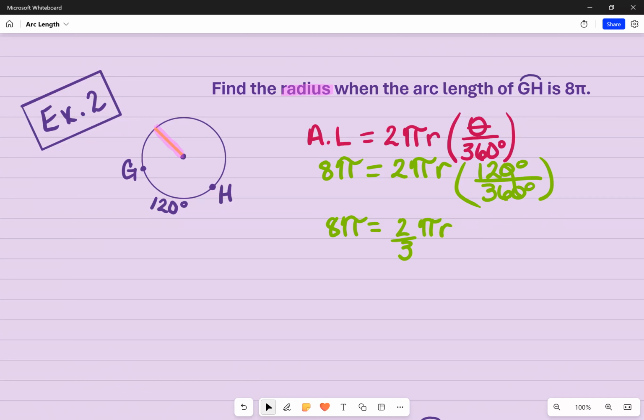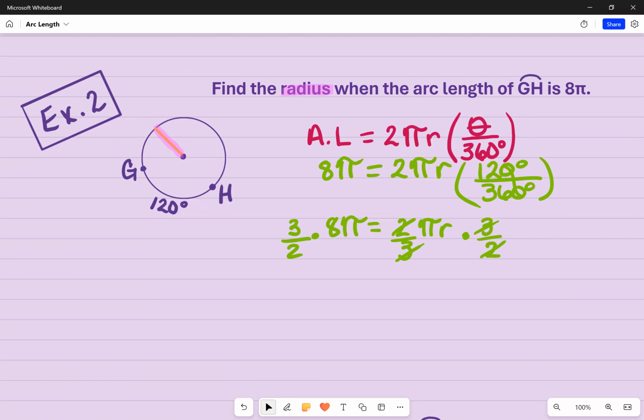So let's go ahead and start getting rid of things. I want to get rid of that fraction first. In order to do that, you want to multiply by the reciprocal, which means you switch the denominator and the numerator so that they flip upside down. And what you do to one side, you have to do to the other. And the purpose of me doing that is I can cross simplify, the 3's go away and the 2's go away.